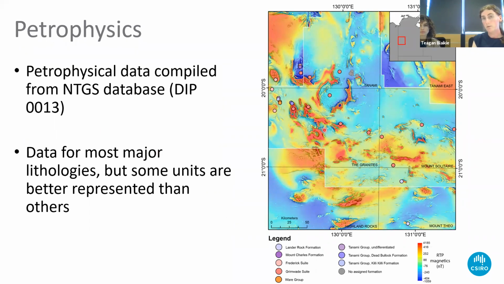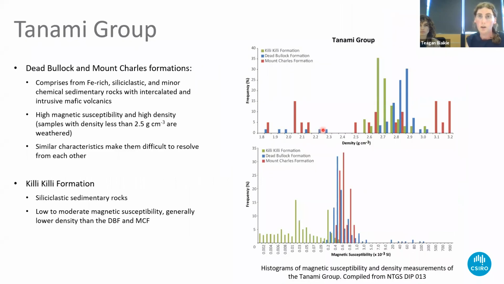There is petrophysical data, which includes density and magnetic susceptibility, for most major lithologies in this area. However, some units are better represented than others, just due to the nature of industry targeting certain rock types in this area during exploration.